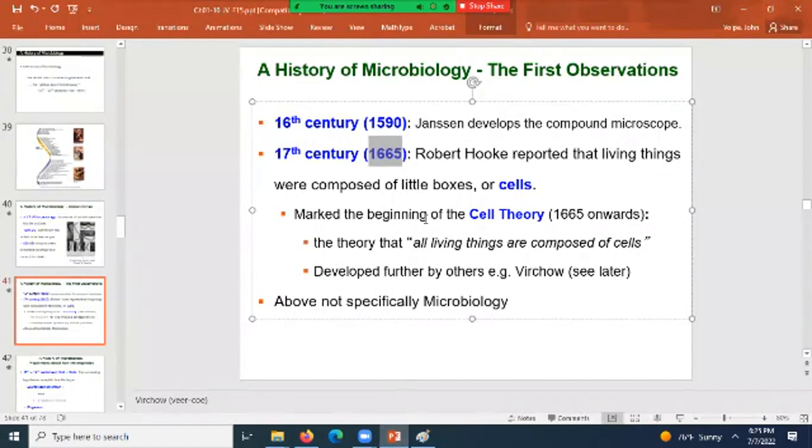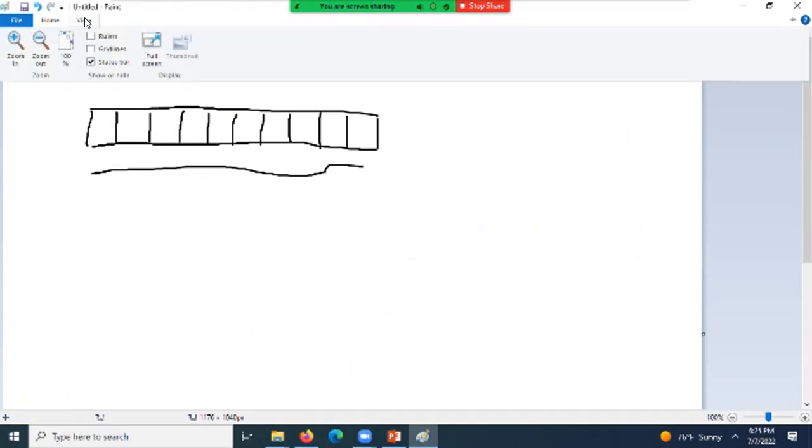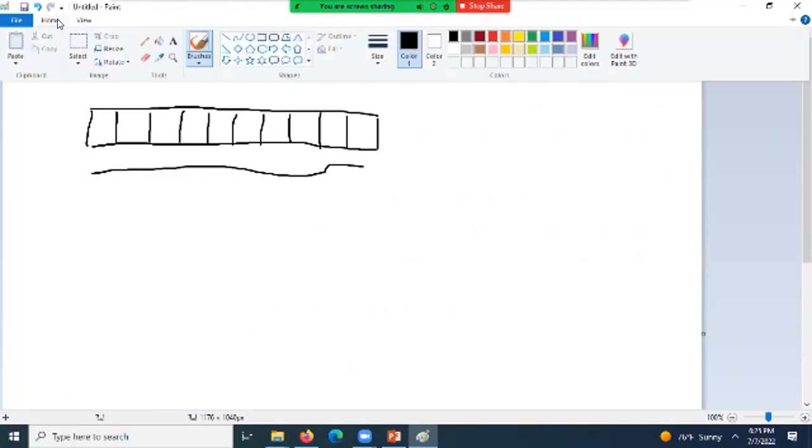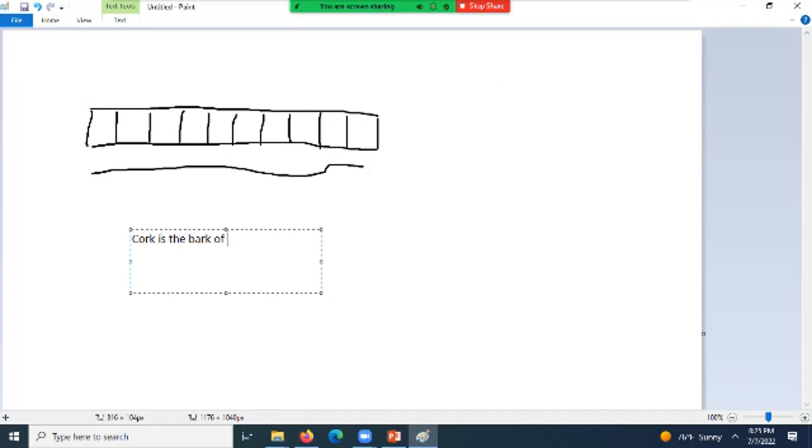As I stated, Robert Hooke actually looked in shavings of cork, which, if you recall, cork is the bark of the cork tree.